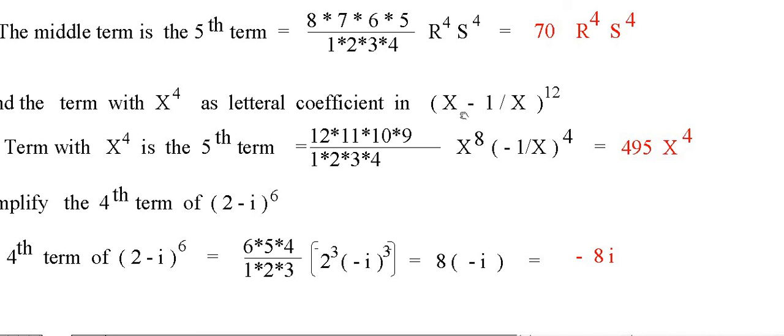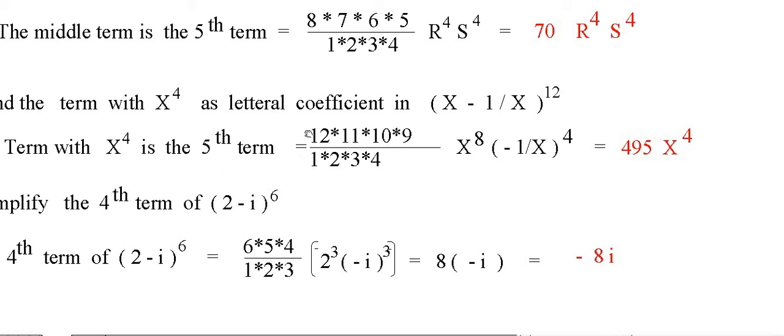Okay, you have to make a trial on the exponents of these two. Be sure that the sum of these two exponents is equal to 12. So this is now our literal coefficient. No problem because the result is x to the 4th. Exponent here is 4, so this must be the fifth term.